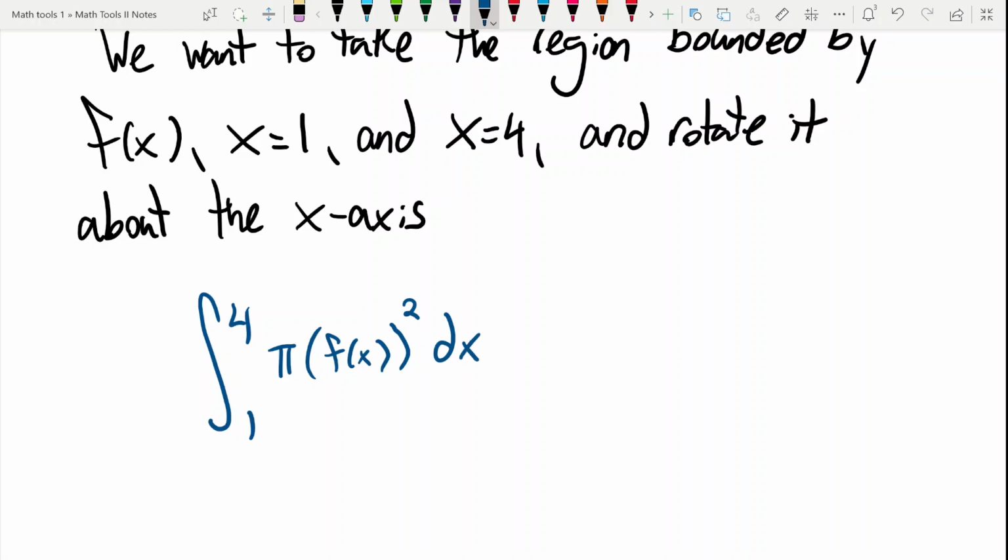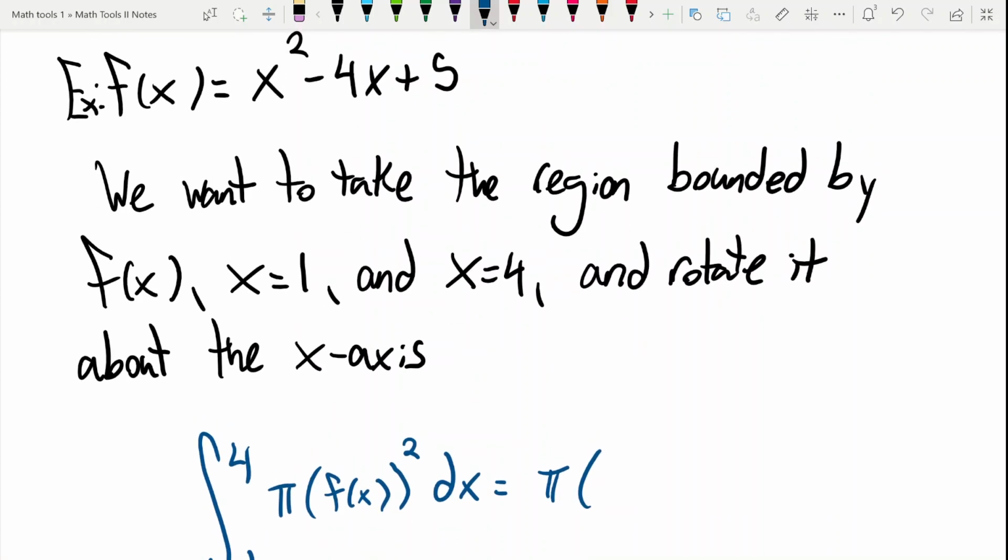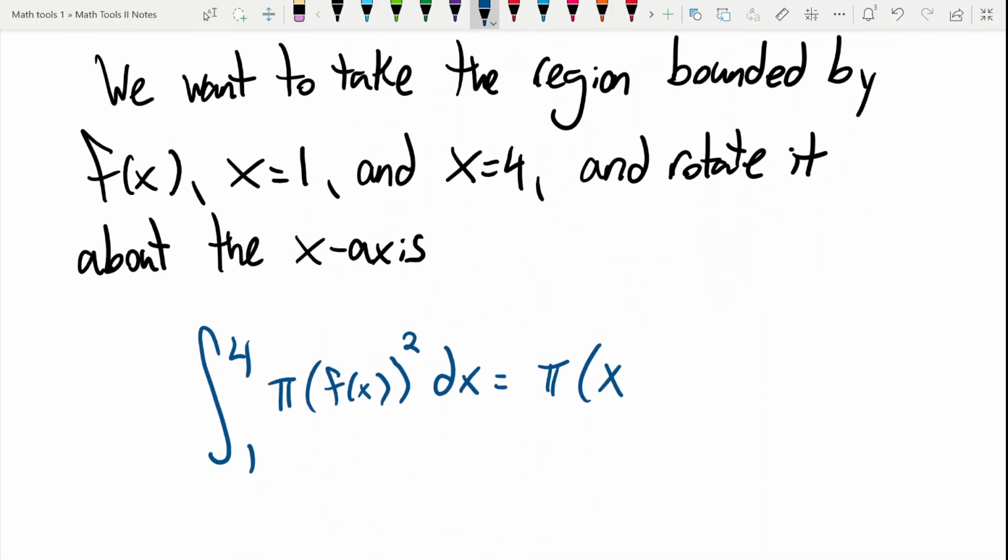And then we integrate with respect to x, right? Our bounds should match the variable that we're integrating with. f was x squared minus 4x plus 5, so we have x squared minus 4x plus 5, squared, and we're integrating that from 1 to 4.